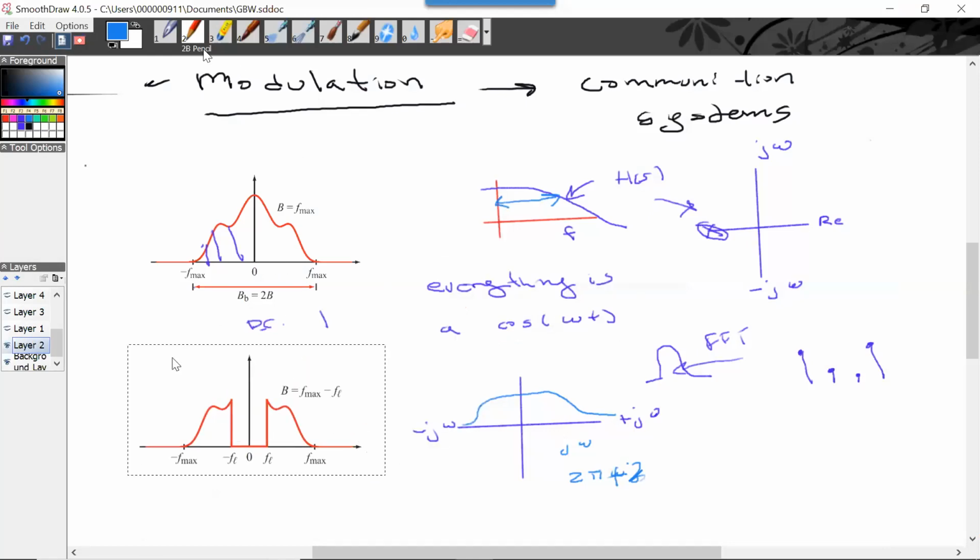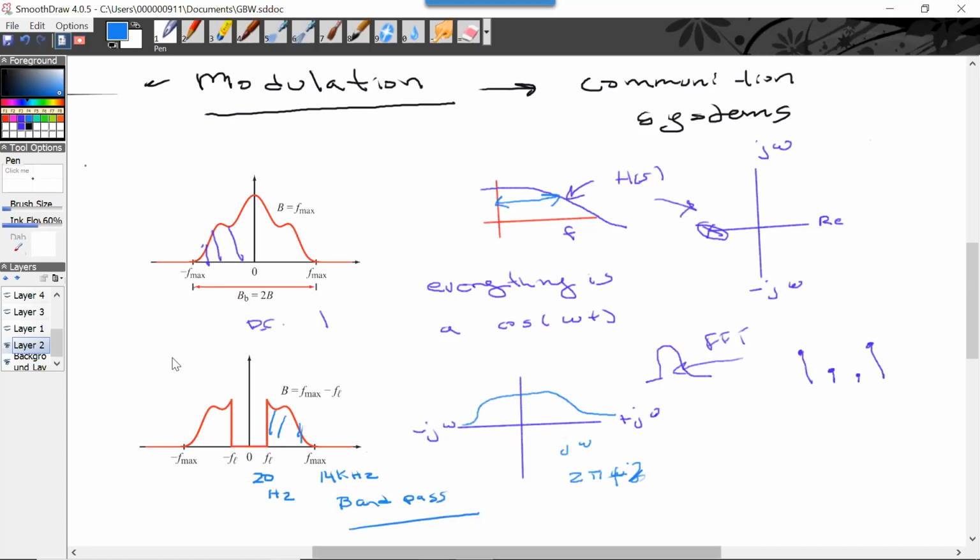In human speech, that could be 20 hertz and that could be 14 kilohertz. And so our ears are a bandpass filter.